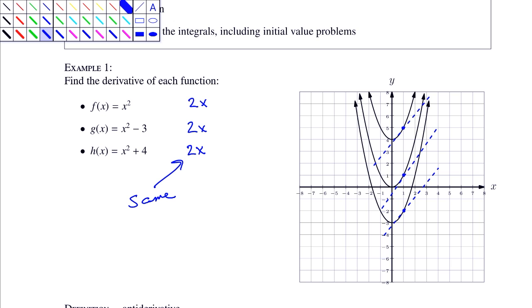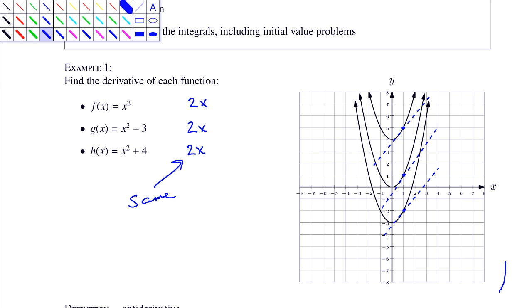That's pretty close. And that's not just true at x equals 1. That's true at all of the x's. It's because each of these functions has the same derivative. Since they all have the same derivative, they all have the same slopes.